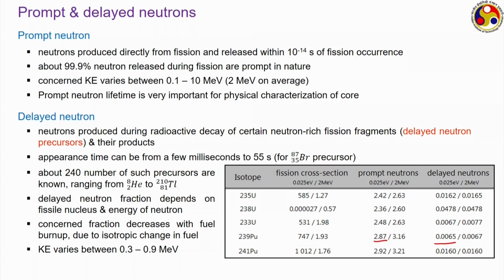But as we shall be seeing shortly in this lecture and also in the next lecture, delayed neutrons play a very important role in controlling the reactor. In fact, it is only because of the delayed neutrons that we can successfully control a nuclear reactor. Otherwise, if we were depending only on the prompt neutrons, it would have been hell, an extremely difficult job to control a nuclear reactor. Thanks to the delayed neutrons, we can do that quite successfully.